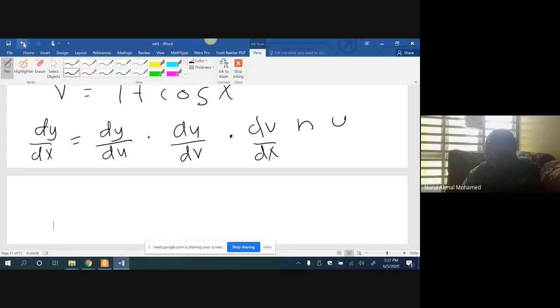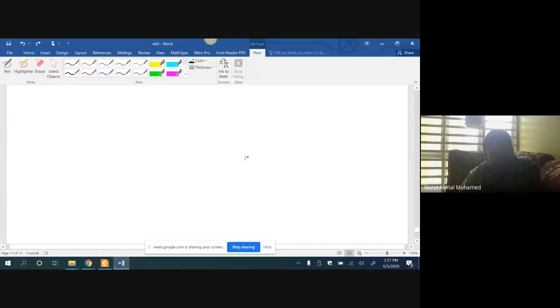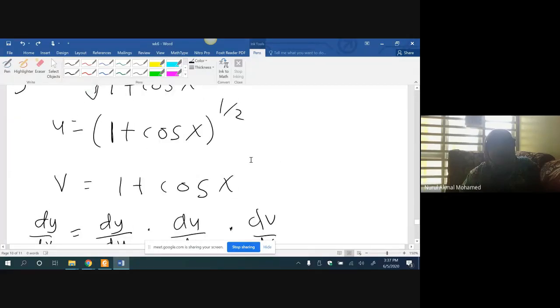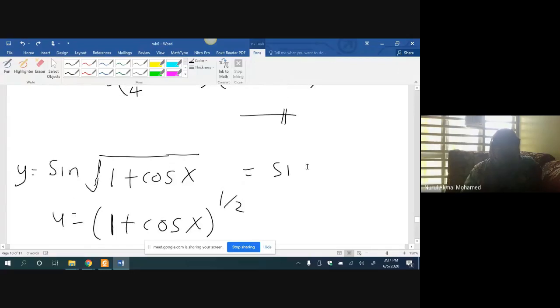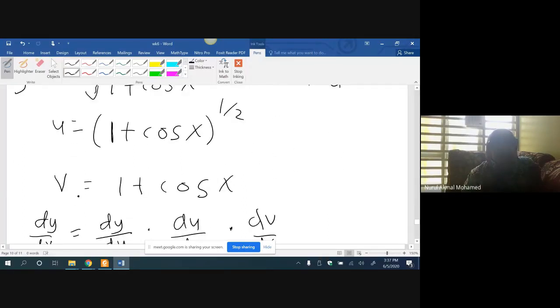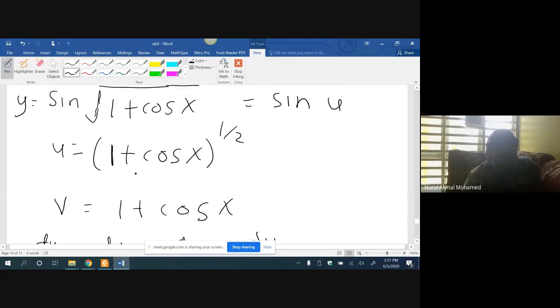Not working again. The writing is not so stable. I have to use OneNote, a free software, but next time maybe. Okay, y is equal to sine u, and if we represent v as 1 plus cos x, then your u is v to the power of 1/2.